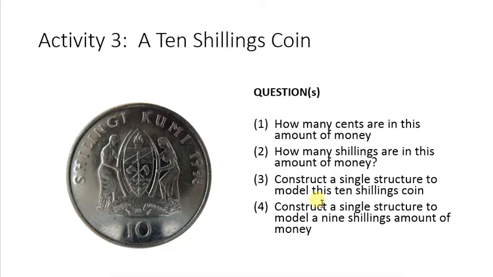Think how that structure will differ from the single structure that you constructed in question 3 here. Do it, pause the video, move around the class, discuss, and see who did right and who didn't do right, or see other models that have been proposed by others.